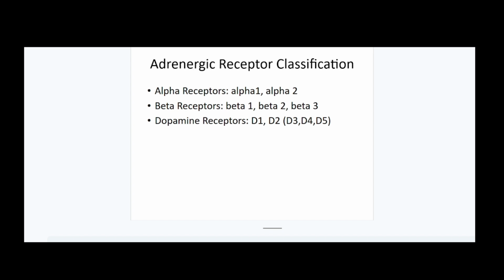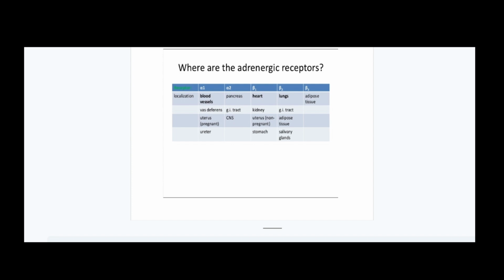Now, I said these particular receptors are located in different organs of the body. If your normal physiological system releases norepinephrine, it's going to act on these receptors to trigger a biological response. Alpha 1 is located in the blood vessel.